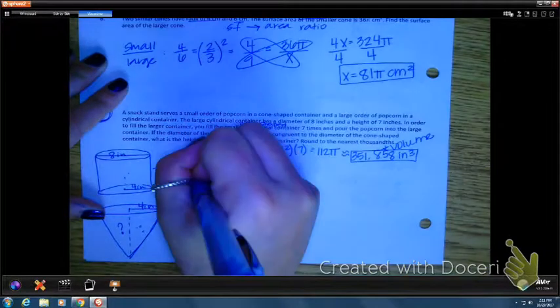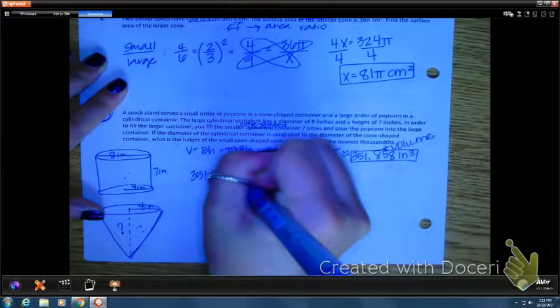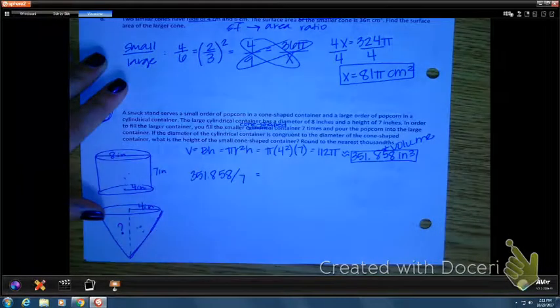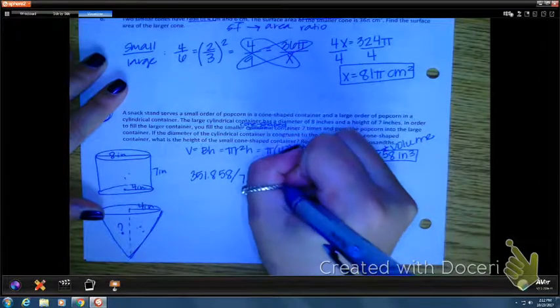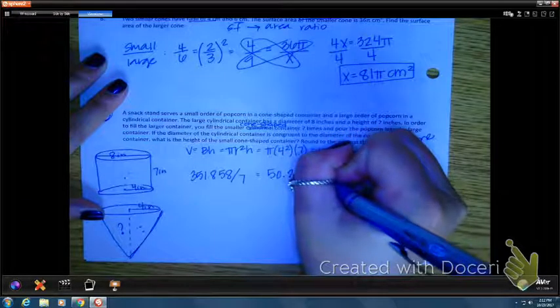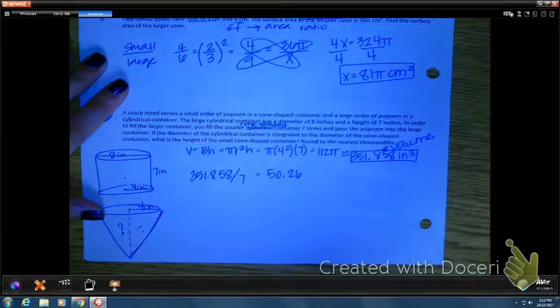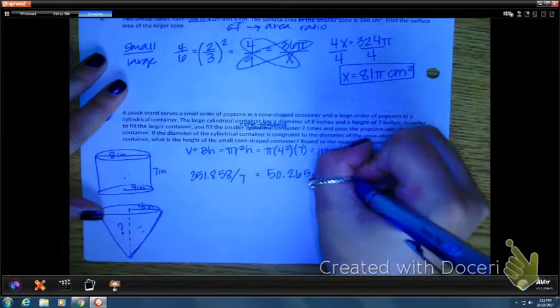Hopefully you said to divide your total by 7. So you get the volume of 1 cone as 50.265 inches cubed.